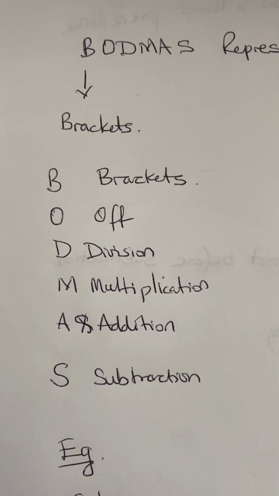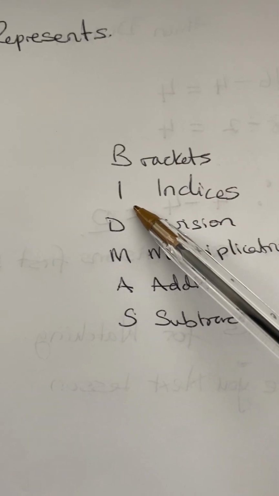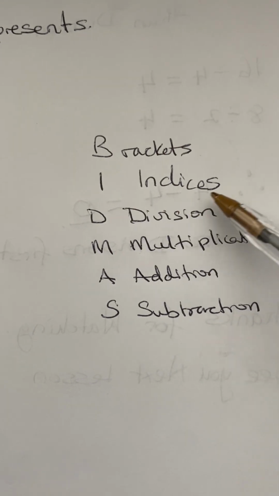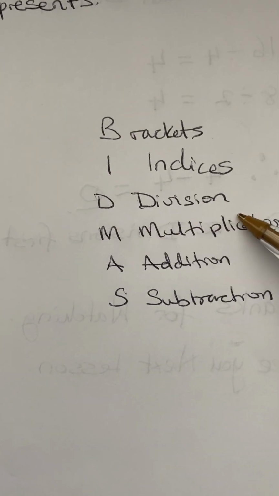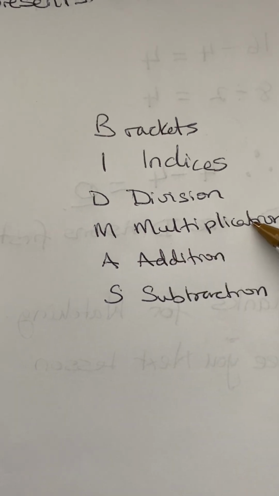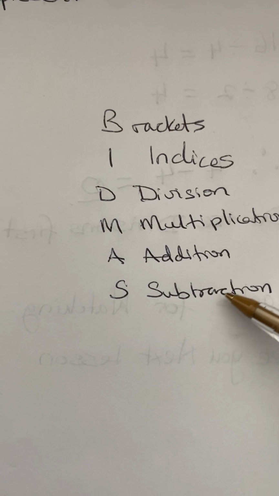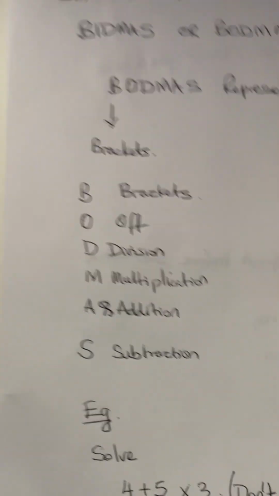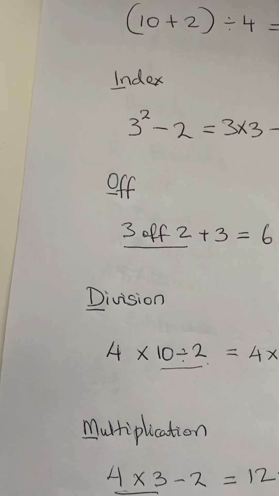So the first word is brackets, the second is indices. If it's BODMAS, it's of, D is the division, M is the multiplication, A is addition, and then you have subtraction.